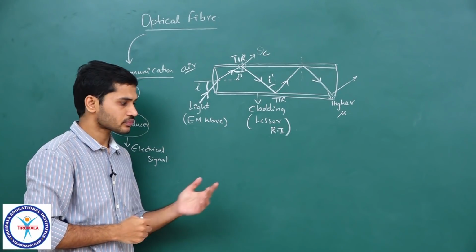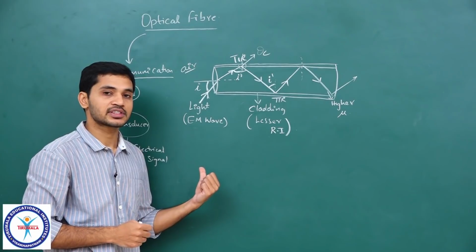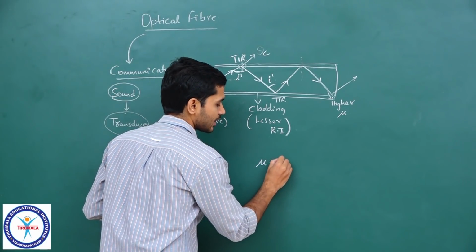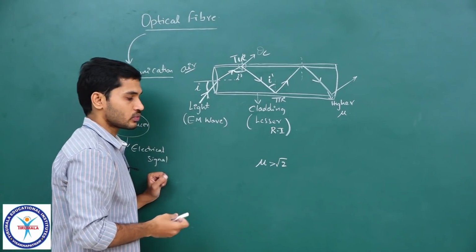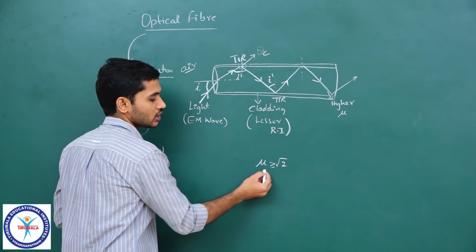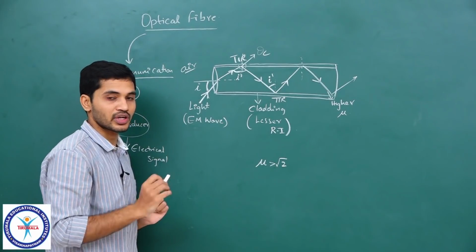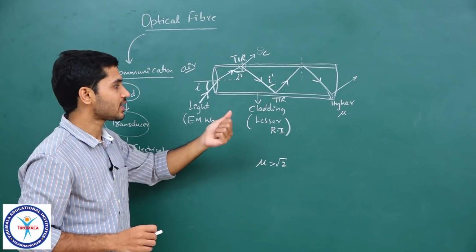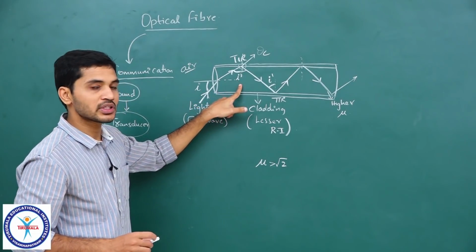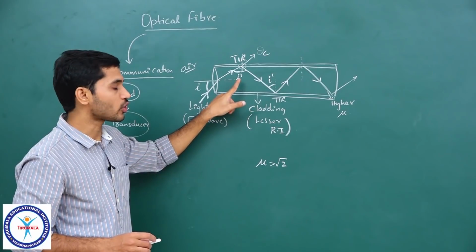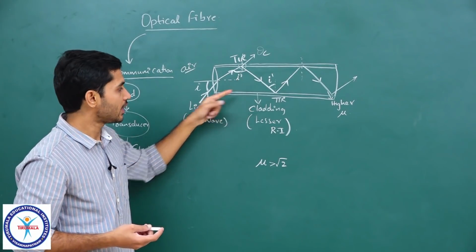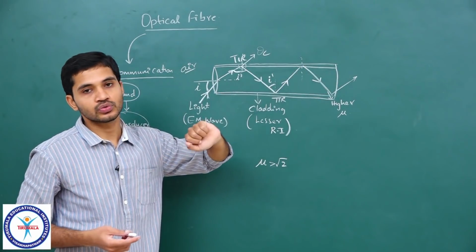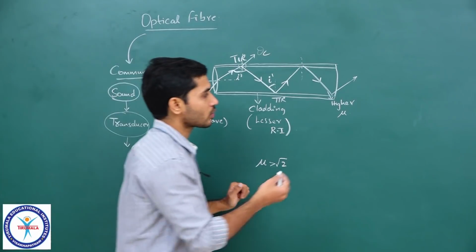And once again, this earlier question which we have discussed, if you remember, we derived the value of mu as greater than root 2. That concept can also be brought into this scenario. They can give you an optical fiber like this and ask you to find out what should be the refractive index of the optical fiber such that any light ray which is incident on the optical fiber propagates through it. I will write down the question.